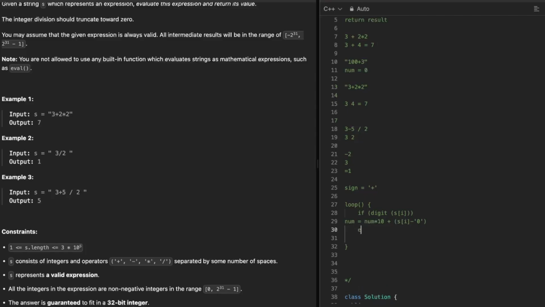Else, if I have valid characters, which can be plus, minus, divide and multiplication, then if sign equals plus, you append into the stack, st.push. How it would benefit is that initially you initialize it to plus, so the first integer will always be inserted.